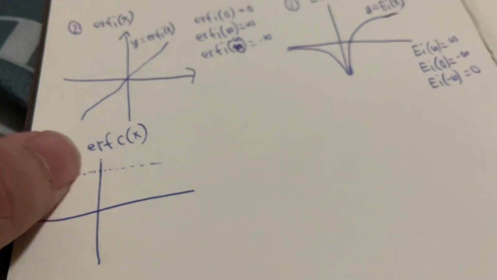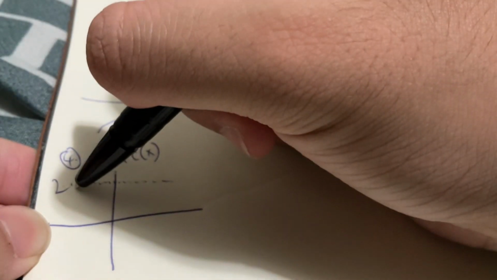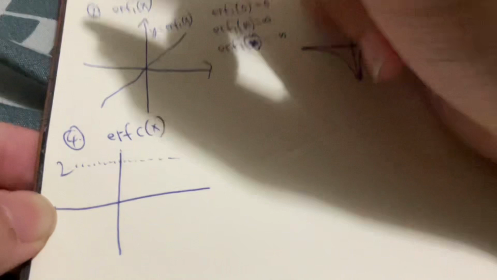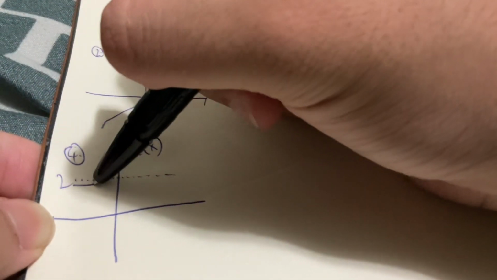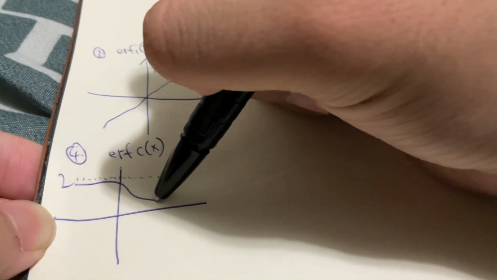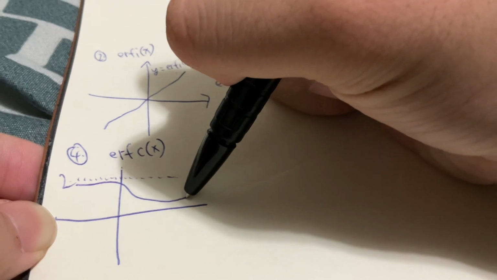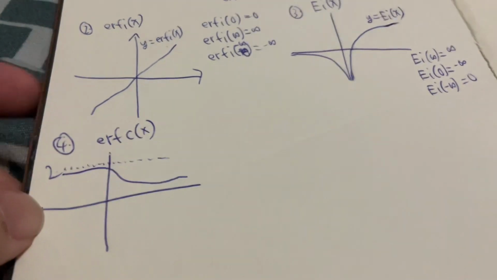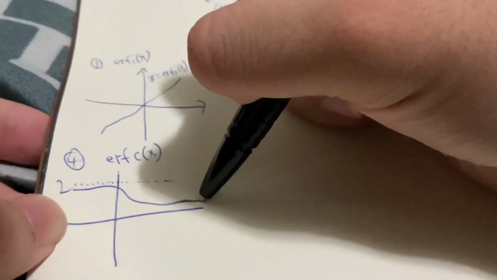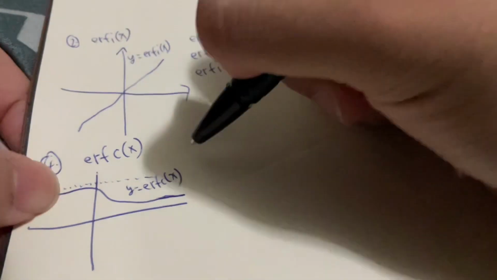And it approaches 2 when x is an extremely small number, like that. And it keeps approaching 0 like that. erfc of x like that. So you can check the graph.